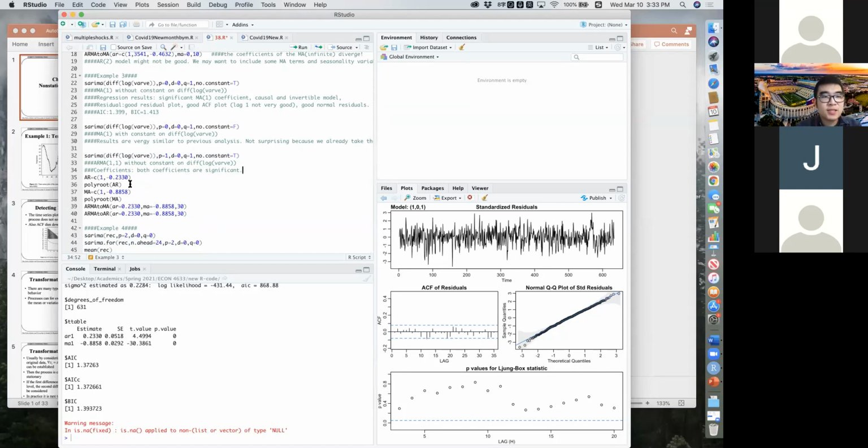The next step is to check if there is any parameter redundancy. The example that I gave in early class is that the ARMA 1-1 model might just be a white noise model, because if you do those cancellations, you will see that the ARMA might just be a white noise model. So we will check this parameter redundancy.